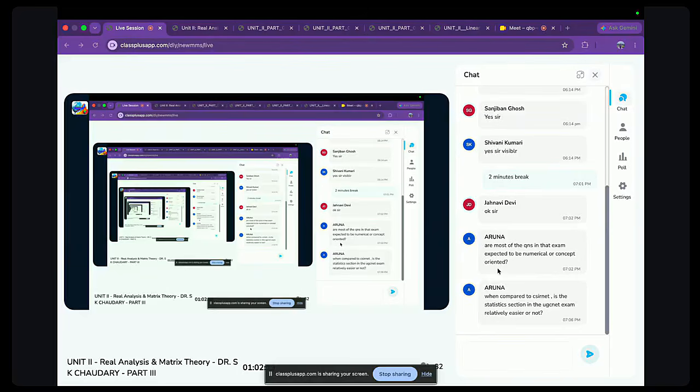Conceptual and numerical will both be asked, and the numerical ones will not be that lengthy; they will not take too much time. When compared to CSIR, will the statistics section of this exam be easier? It will obviously be easier compared to CSIR mathematical science. It will be easier than the CSIR-NET exam.